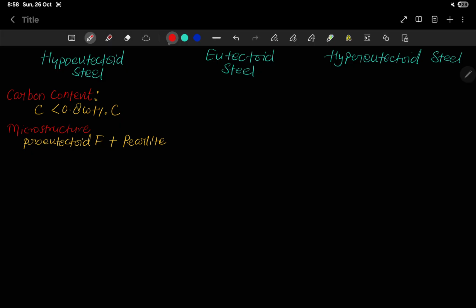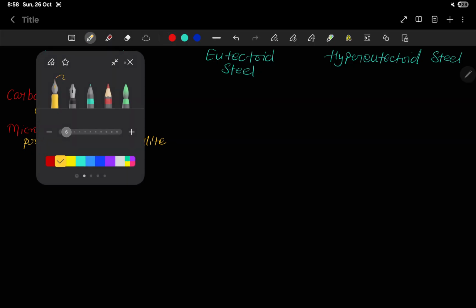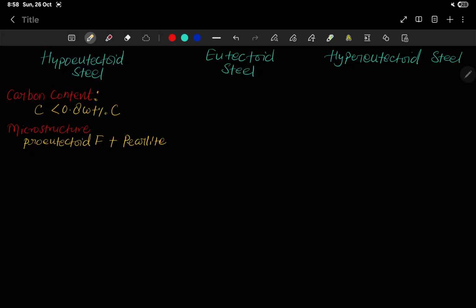Okay, now let's explore it more. How does the hypoeutectoid steel microstructure look, as we have already discussed in our previous lecture? It was something like this.